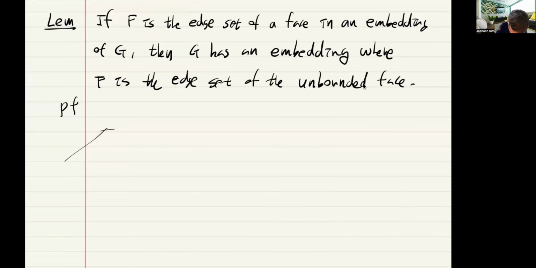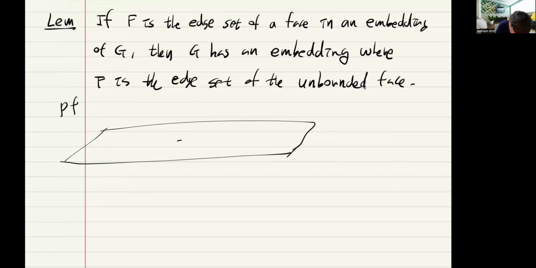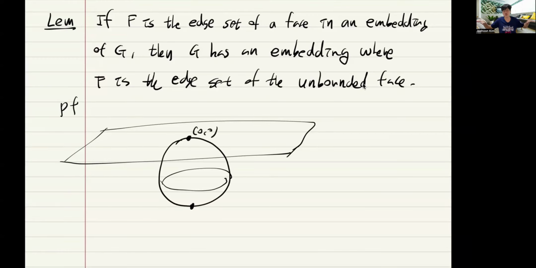How do you do it? The idea is that there is a bijection between a sphere and the plane, except for one point. Let's say you have a plane and there is this origin, 0, 0. You have a plane, R2, and then you consider a sphere which touches at this 0, 0. This is the North Pole, and then this is the South Pole. And you consider this stereographic projection.